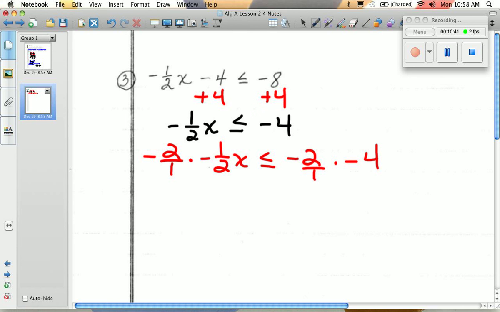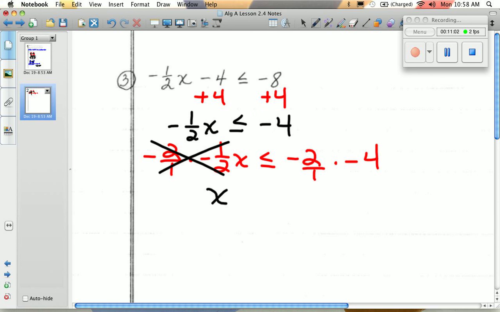What happens when you take negative 2 over 1 times negative 1/2, Dakota? They cancel each other out because multiplying a reciprocal times the number that it is the reciprocal of makes it become 1, and 1x is the same as x.